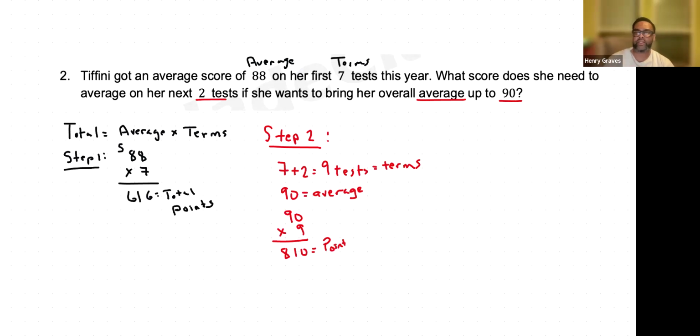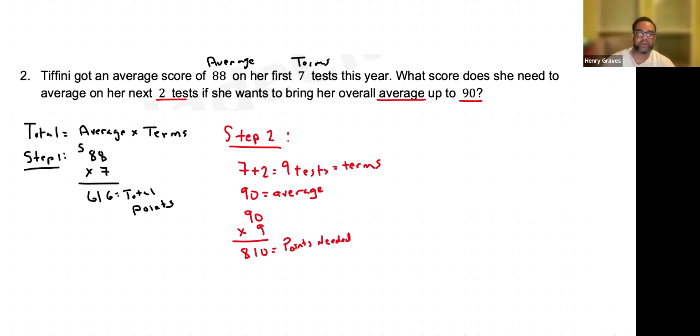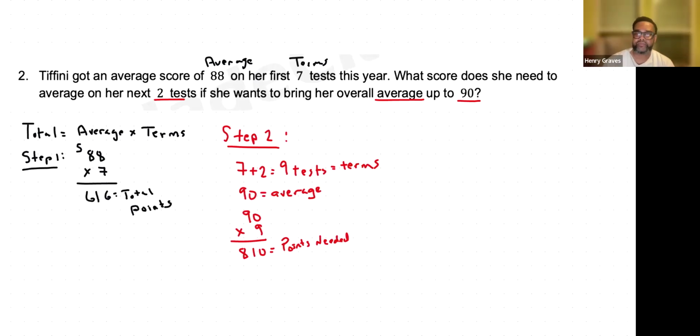So what we need to do, we need to take the points she needs versus the points she has. This is going to be my next step, step 3. I'm going to take the 810 points that she needs, subtract the 616. And when I do that, I'm going to get 194.